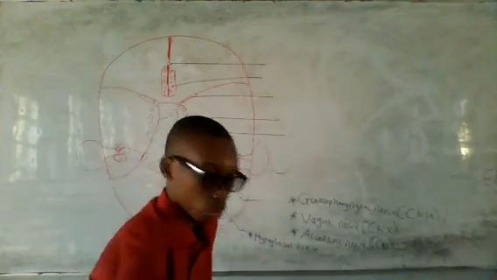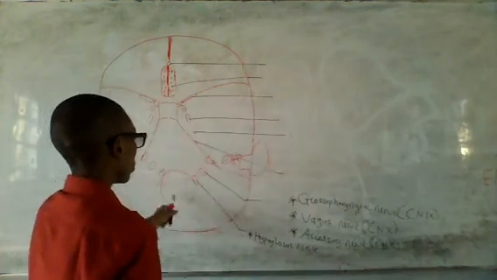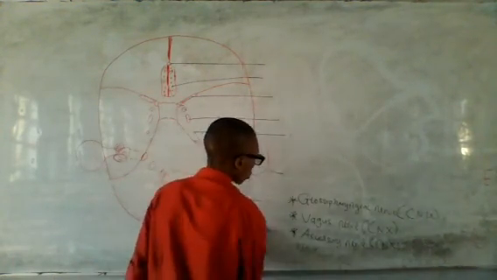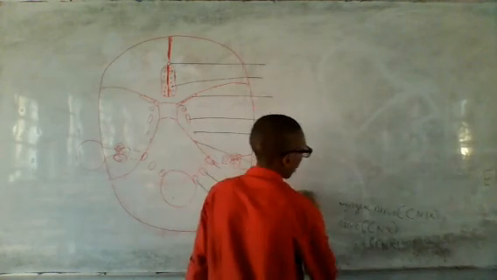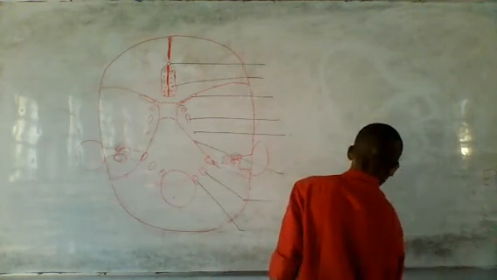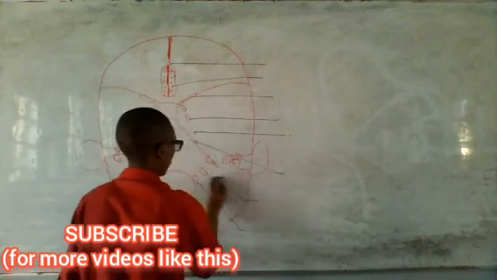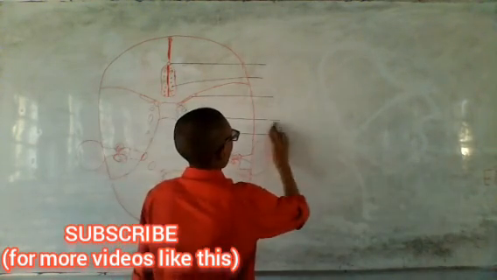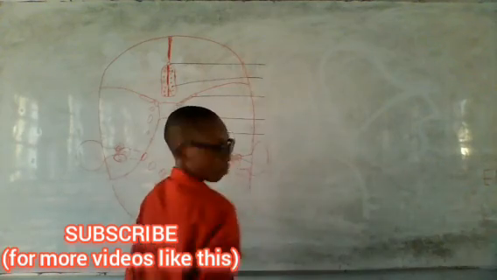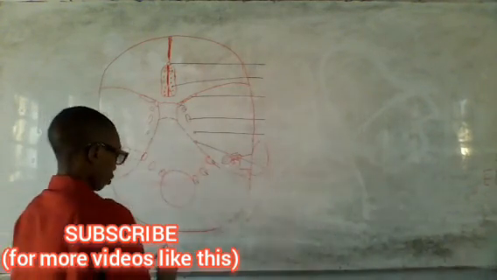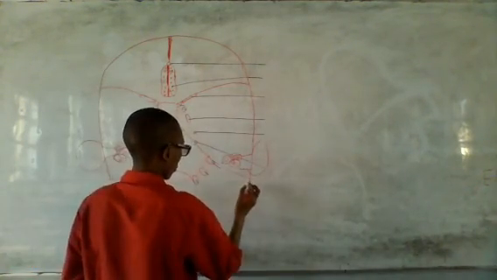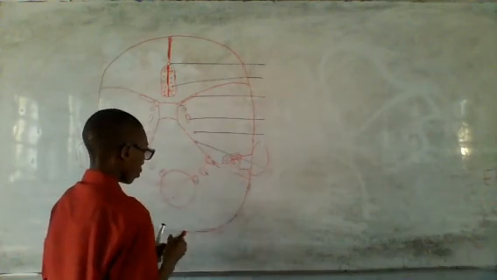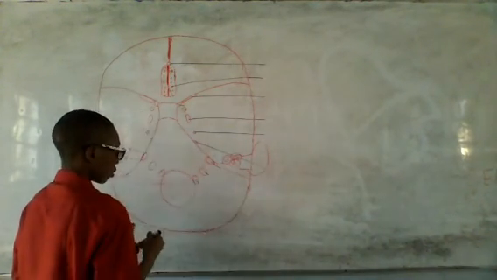So now we are going to discuss the structures that pass through the last foramen, the biggest one, the foramen magnum. So what structures?